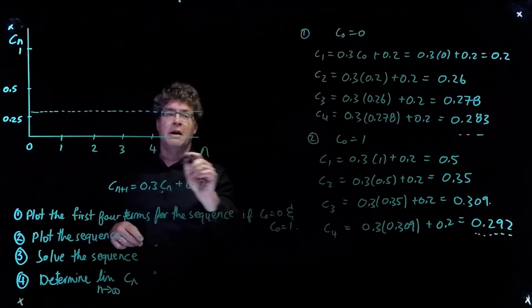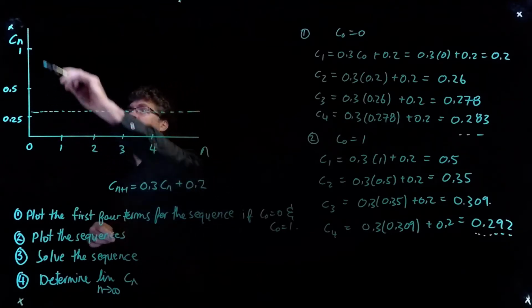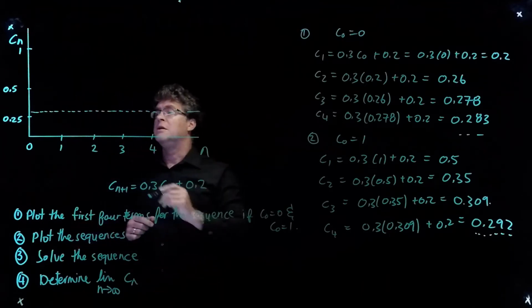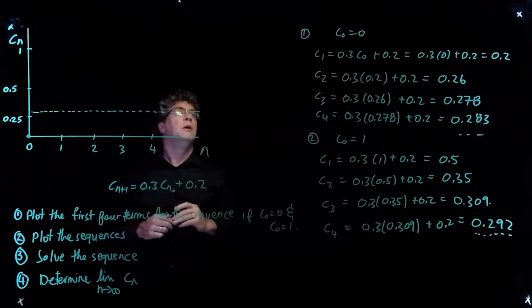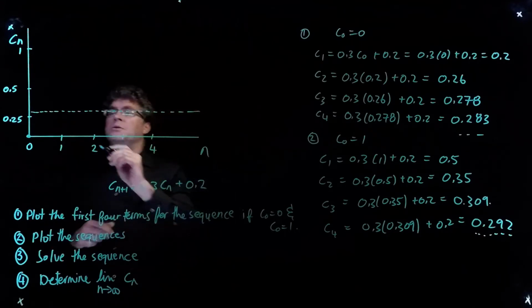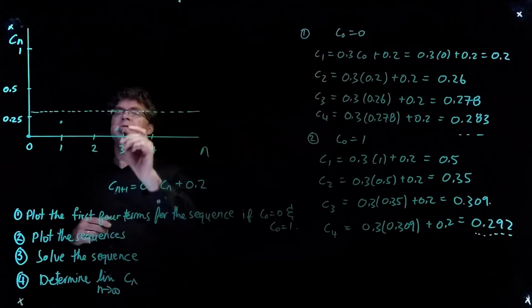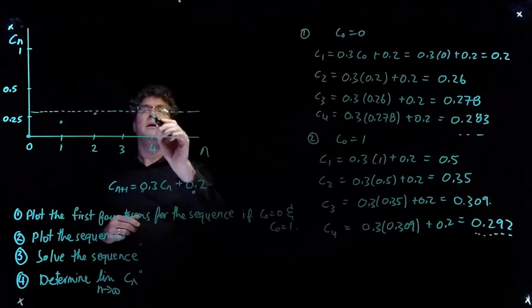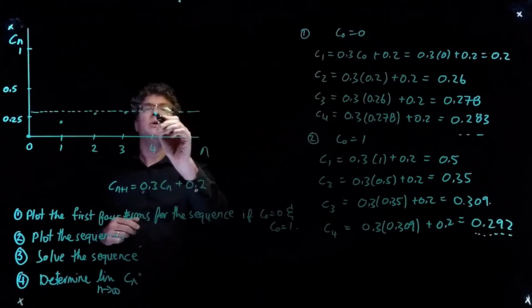On the horizontal axis will be n, or the day, and on the vertical axis will be C sub n, or the concentration of the drug. And the first sequence starts at 0, and then it moves up to 0.2 in day 1, and then to 0.26 in day 2, and then 0.278, and then 0.283.